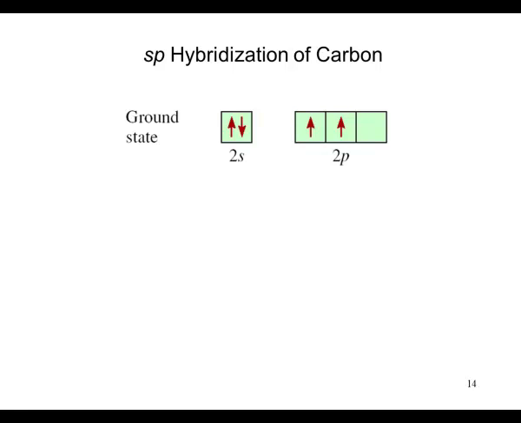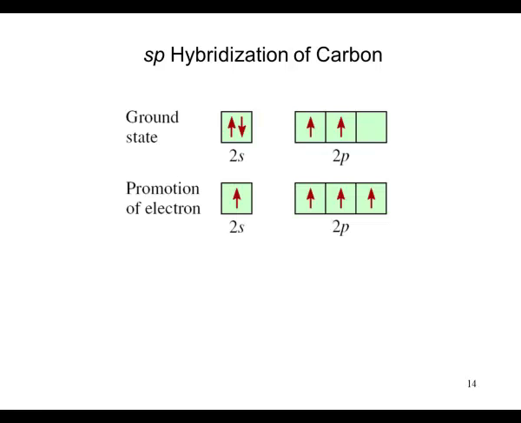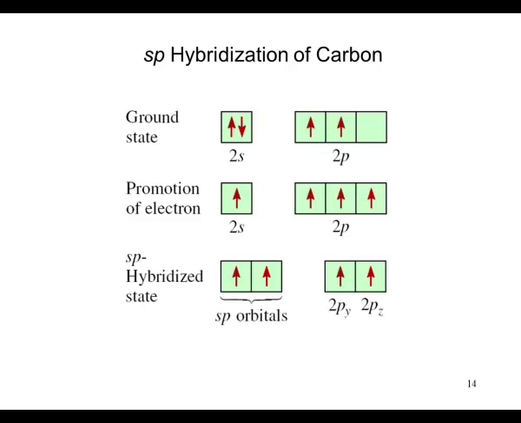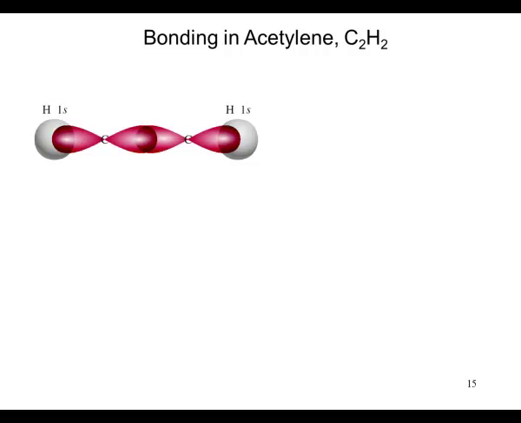Now, sp hybridization of carbon. If we promote an electron into the p's and then hybridize 1 of the s and 1 of the p's to form 2 sp orbitals and 2 leftover p orbitals, you can see the effect of this in the bonding of acetylene, C2H2.